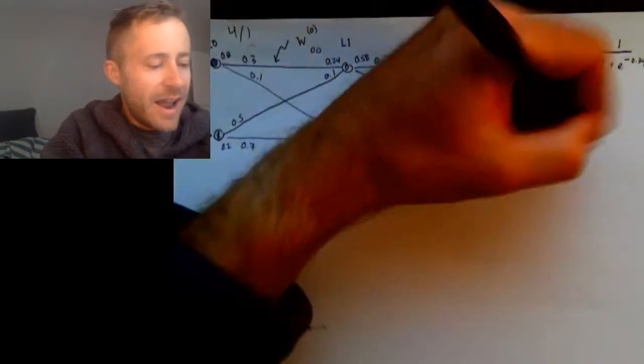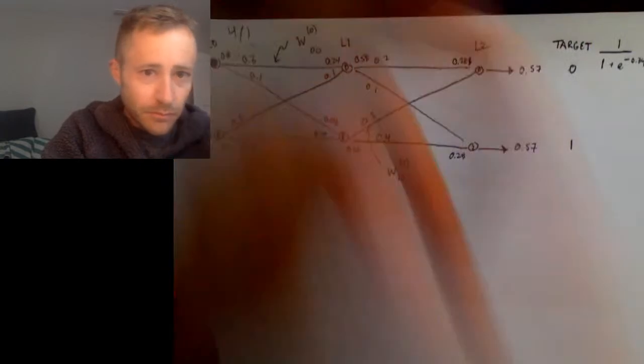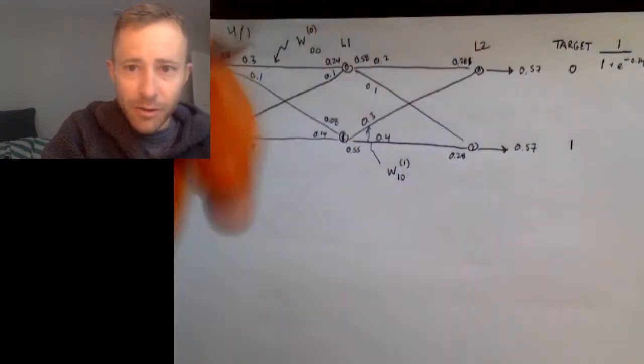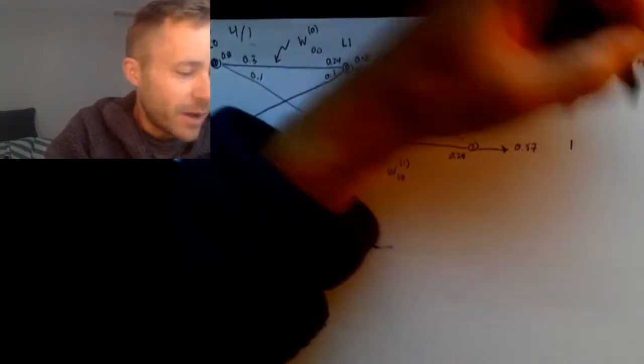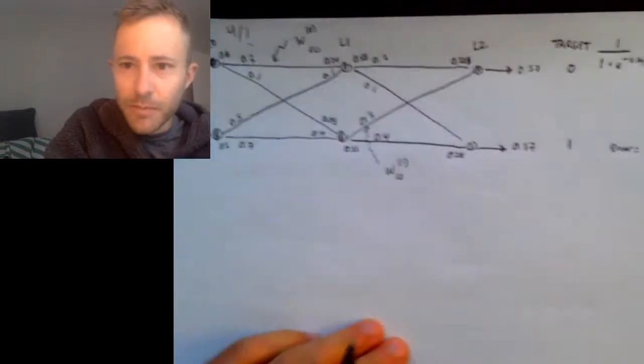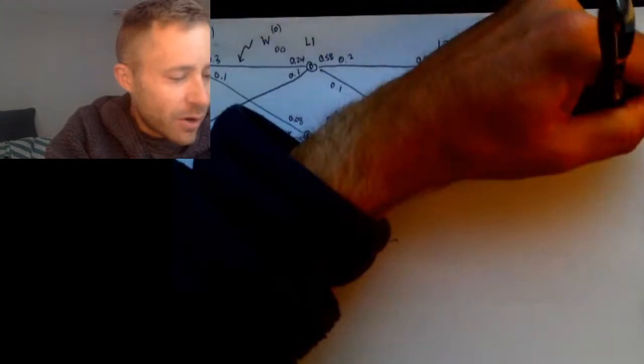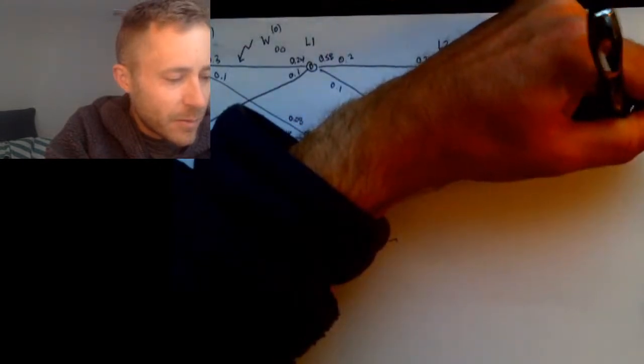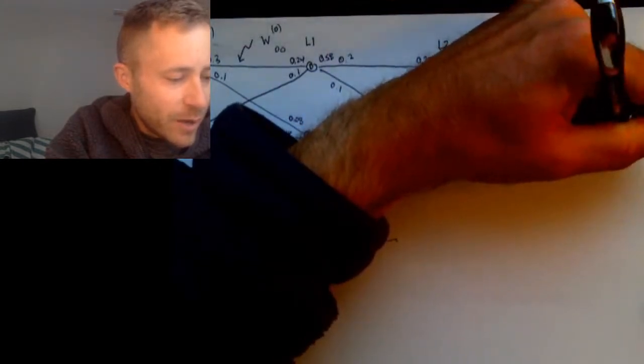So the error of the output is equal to the target minus the actual output.